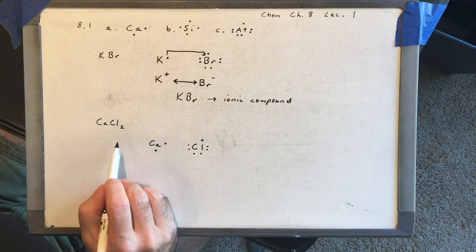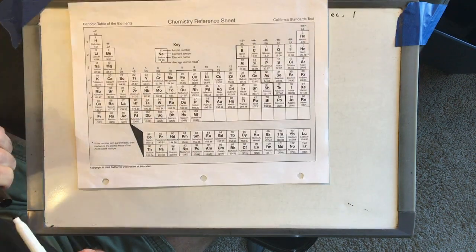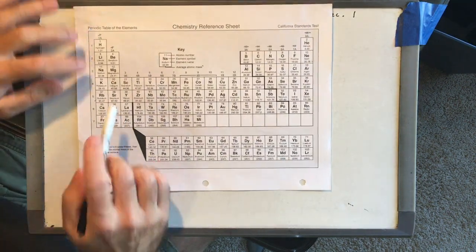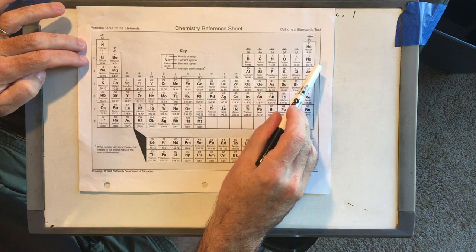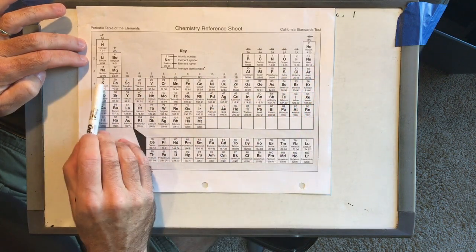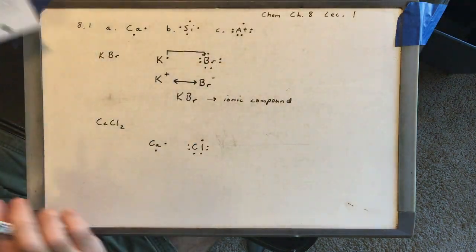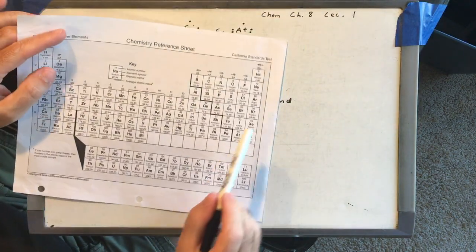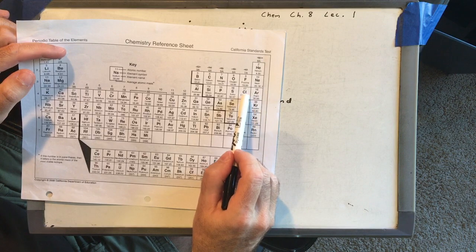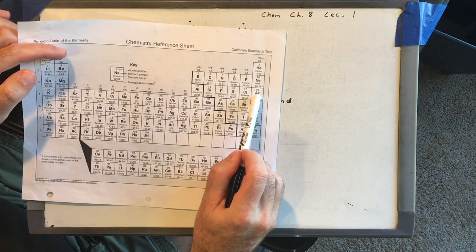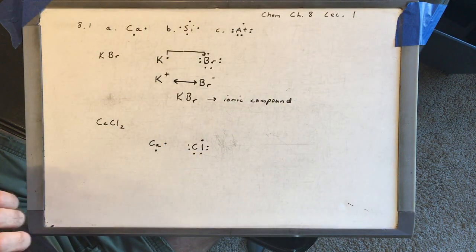Calcium is a metal, right? Calcium, right here, wants to be like argon. It wants to lose 2 electrons. If it loses 2, it'll be stable like argon, okay? Chlorine wants to gain 1 electron. It wants to go from 7 to 8 valence electrons.